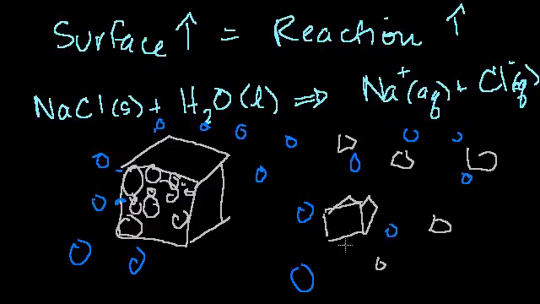It can actually interact with more of the sodium chloride, so the reaction will happen faster. So you increase the surface area of interaction, and you'll also increase the reaction rate. If you're trying to do it with two fluids, you can kind of spray one fluid into the other, so you have little droplets, so you also increase the surface area.